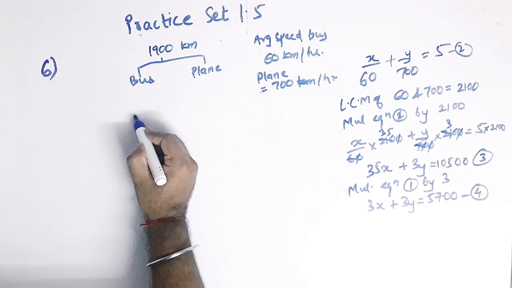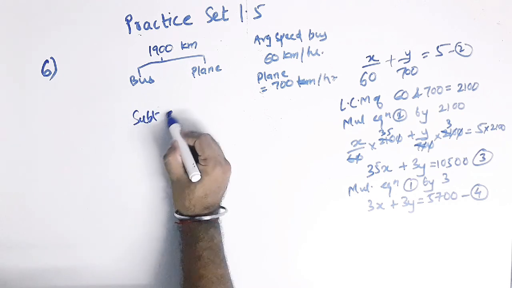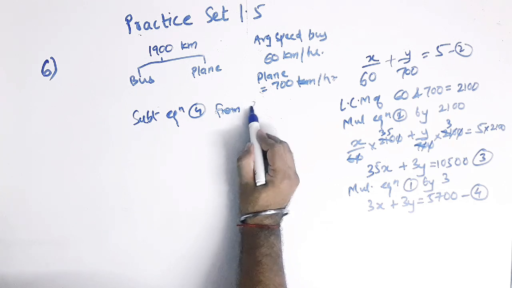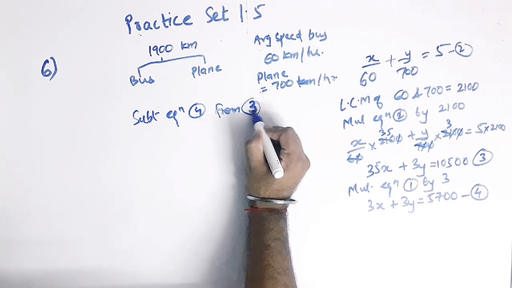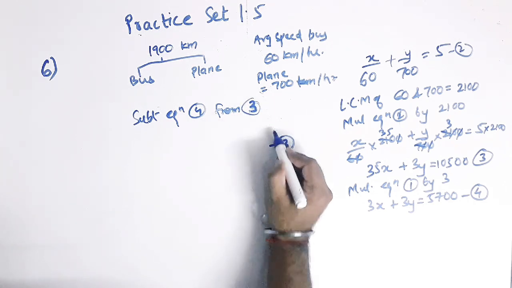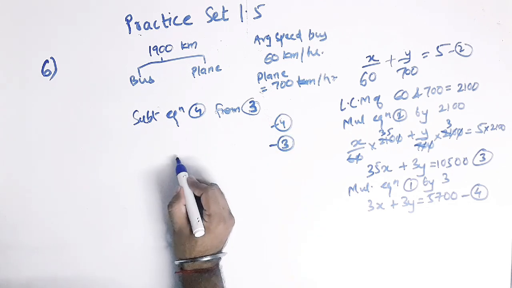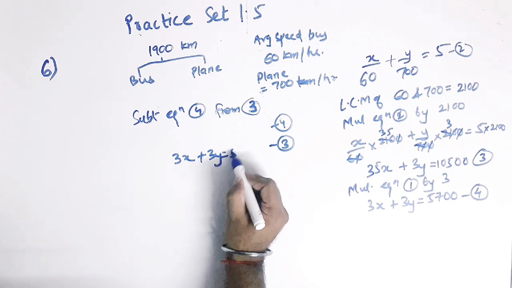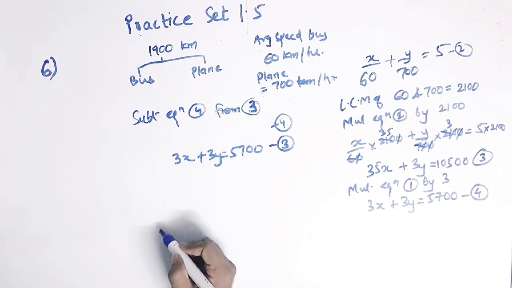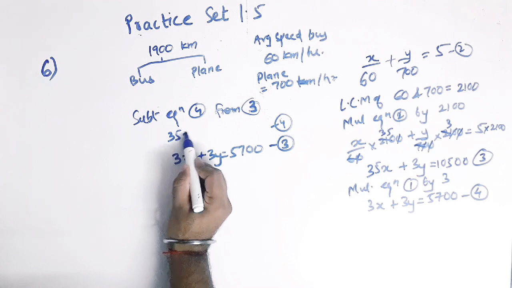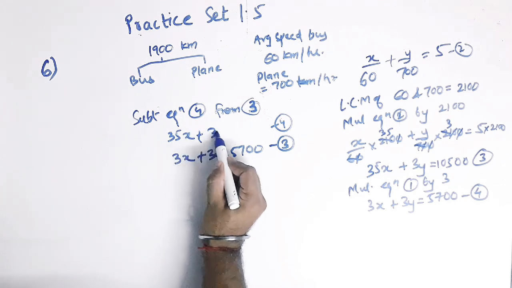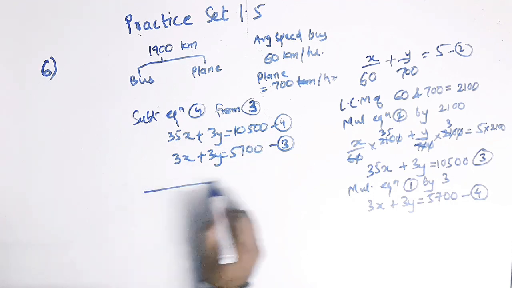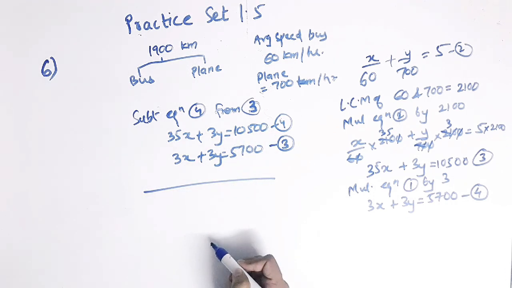Now let us solve this. I'll place equation 3 below and equation 4 above, and subtract equation 4 from 3. So 3x plus 3y equals 5700, and 35x plus 3y equals 10,500.